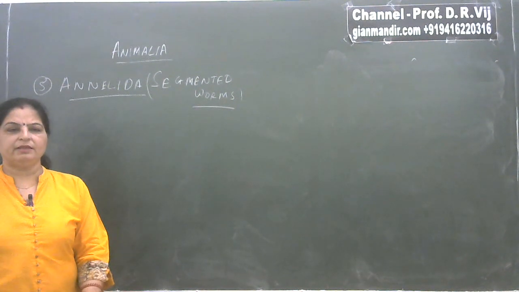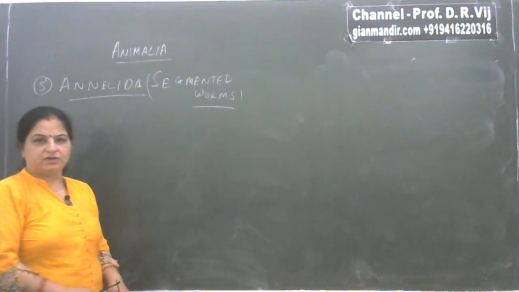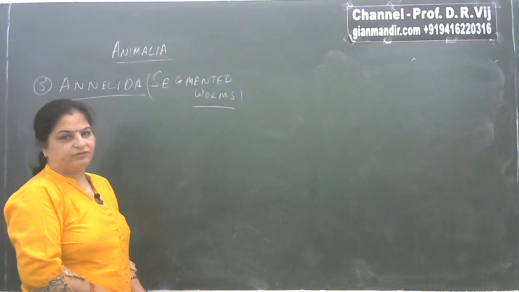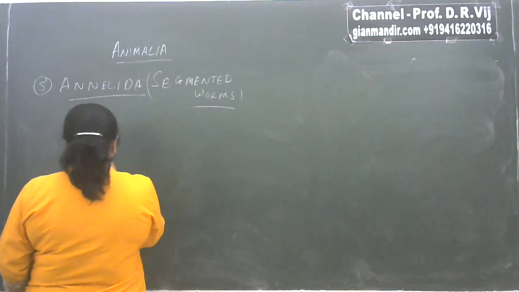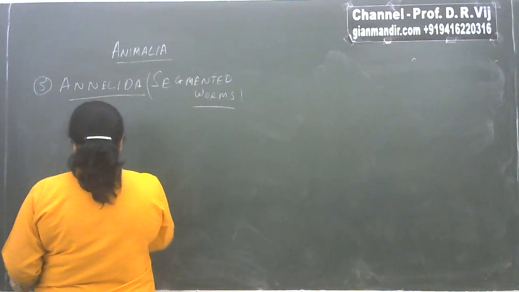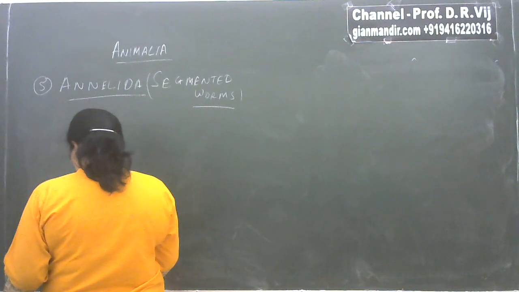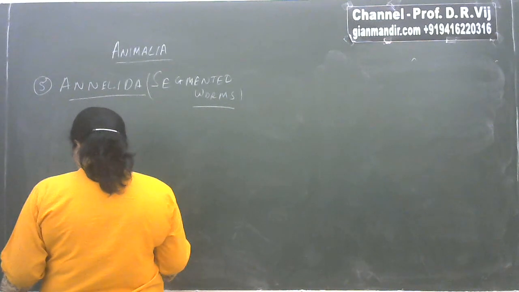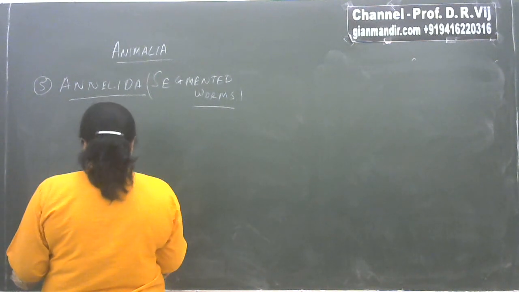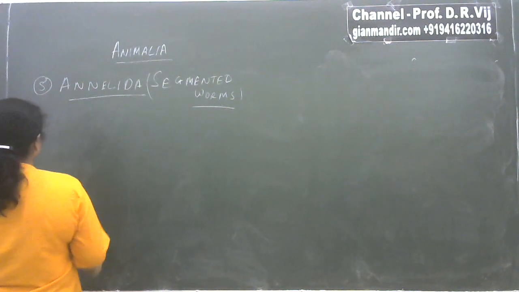So it's not that the segments are present only outside. The segments are present inside too, or you can say the body is metamerically segmented, meaning having both external and internal segmentation. So annelids are the truly segmented animals.